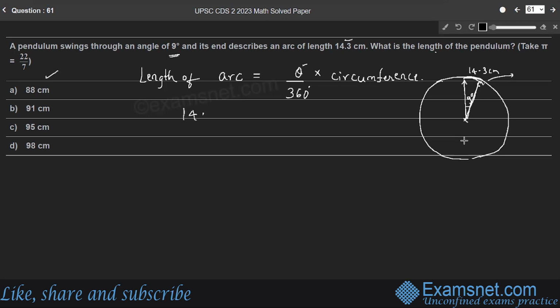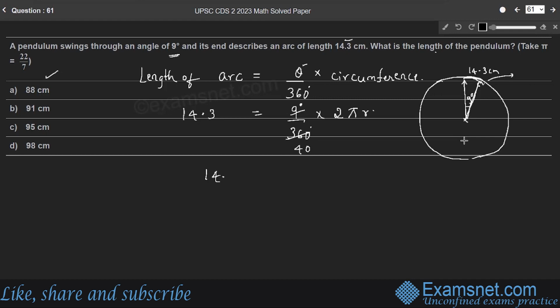So 14.3 centimeter is equal to the angle subtended at the center, 9 degree by 360 degree, into the circumference, 2 pi into r. We'll take pi as 22 by 7. Here 9 into 40 is 360.